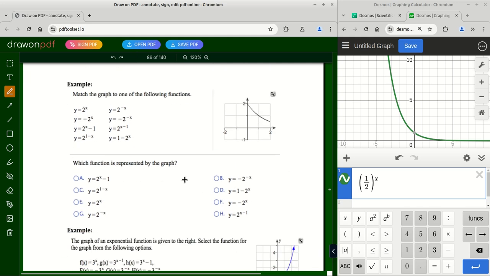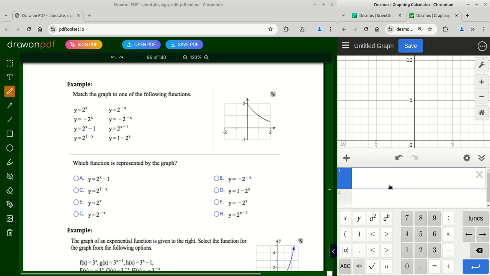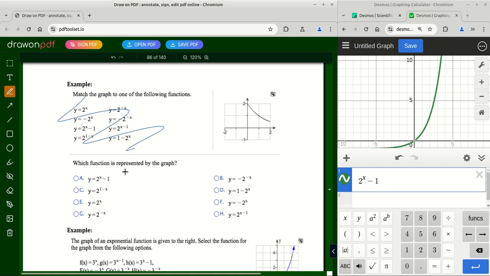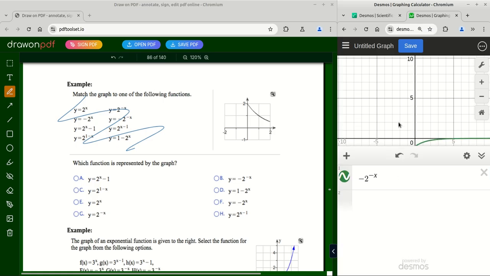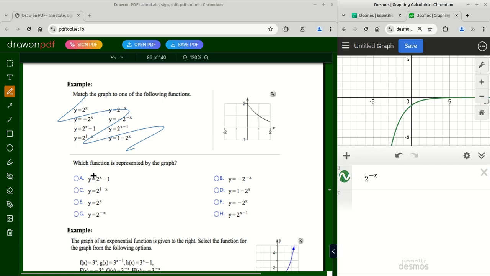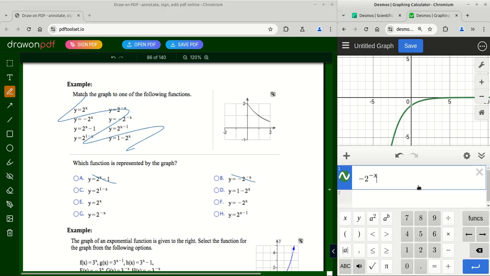So they say start graphing it. And really, because in this class we're going to be using Desmos, I really will just be using Desmos, and I think that's probably the best way to do it. So I'm going, not with this list, because they did mix it up, start here and go down. So I got this guy. It doesn't look right. I'm just going to do -2 to the -x. Again, I'm looking for this graph here, so no and no. Let's keep going. 2 to the power 1 minus.